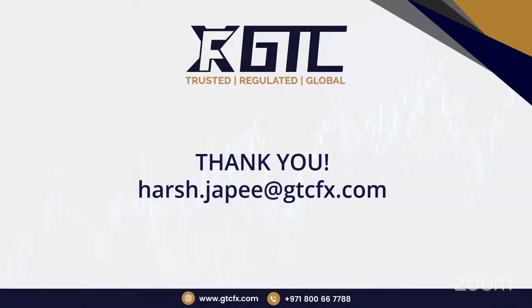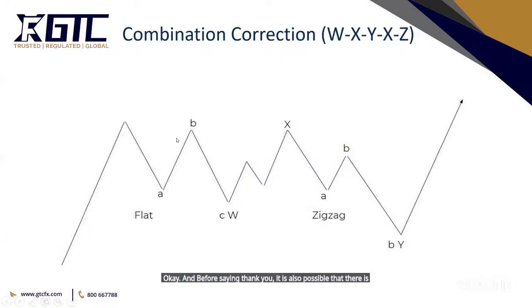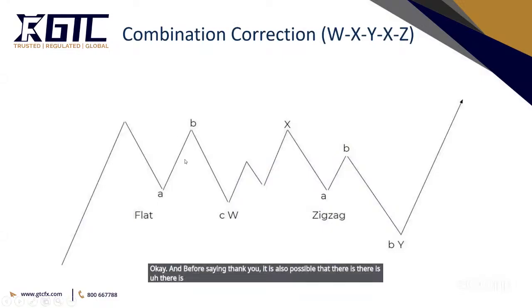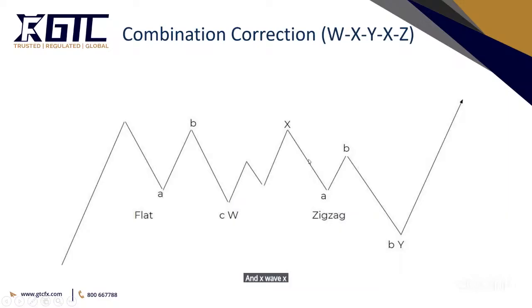Okay, and it is also possible that there is a flat, an X wave, a triangle, and then a zigzag. So it becomes a W X Y X Z. All right. So the combination will always take time.